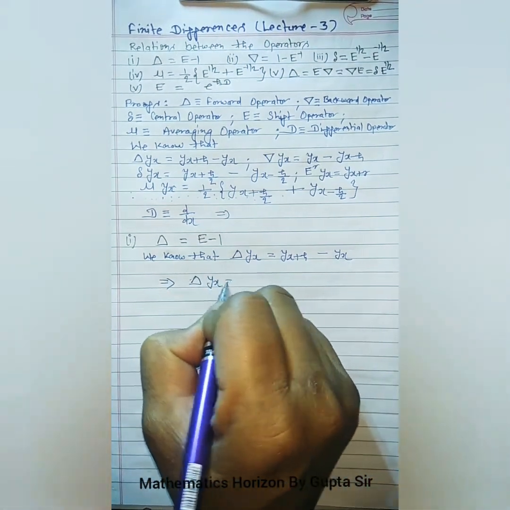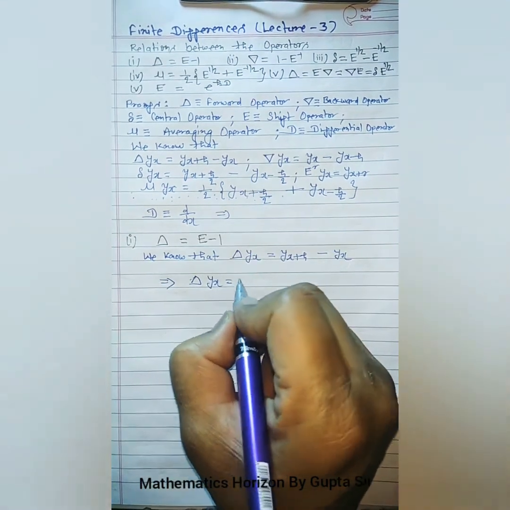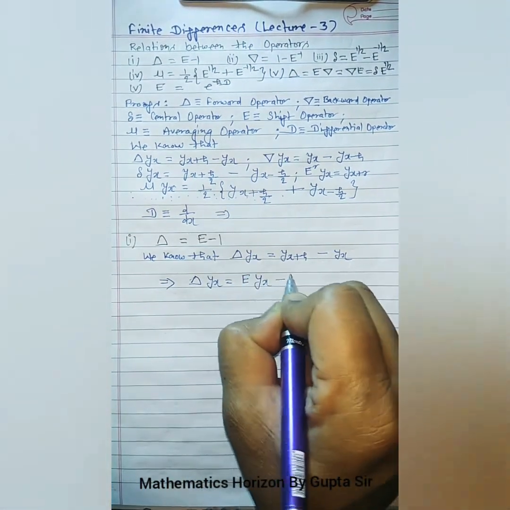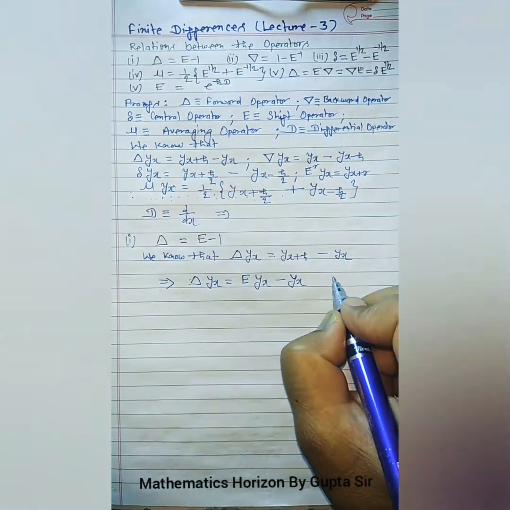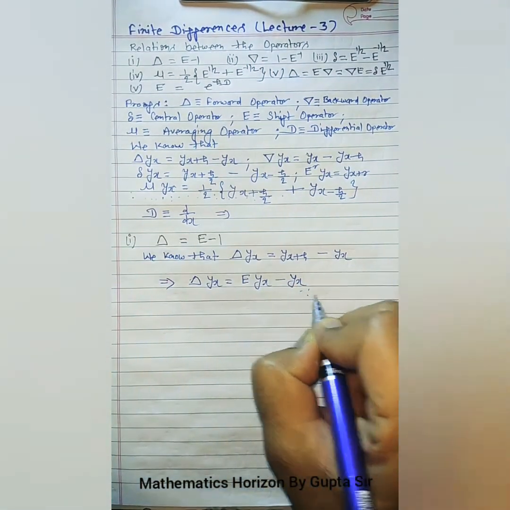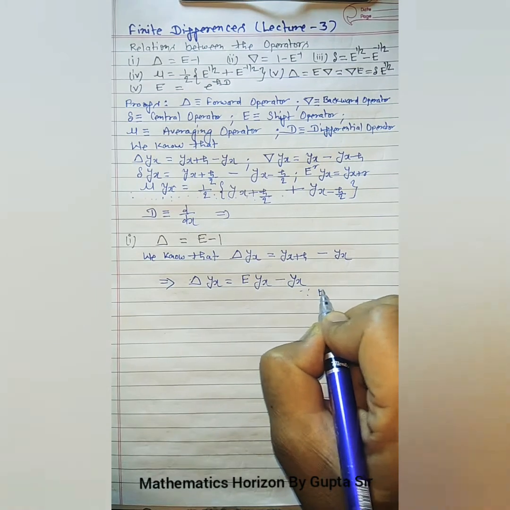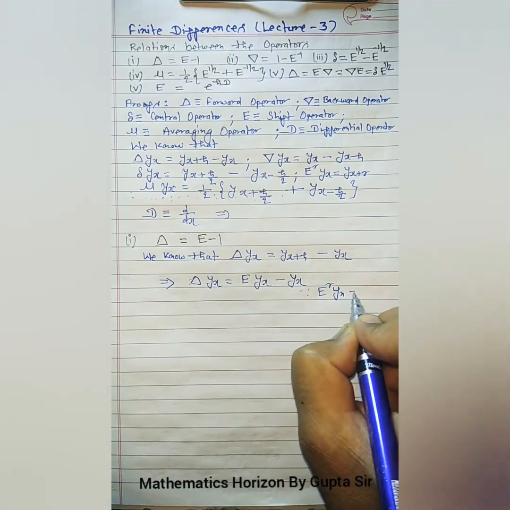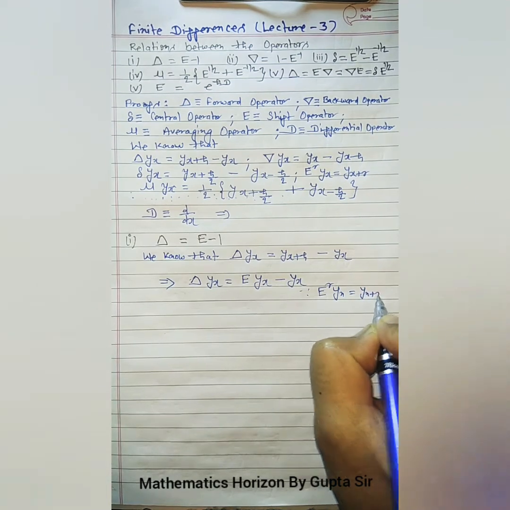We can write this as Δy(x) equal to Ey(x) minus y(x), since we know that E^r y(n) is equal to y(n plus r).